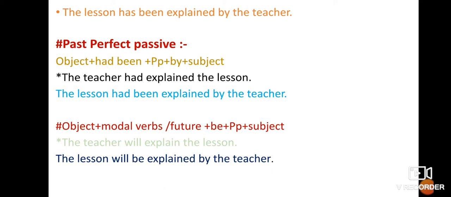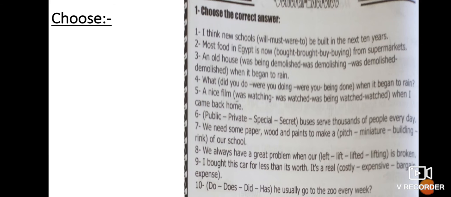Is it clear? Okay, we will answer some questions about this. Choose the correct answer. Number 1: I think new schools will be built in the next year. Here it indicates the future. Number 2: most food in Egypt is now bought from supermarkets. Number 3: an old house was being demolished when it began to rain.